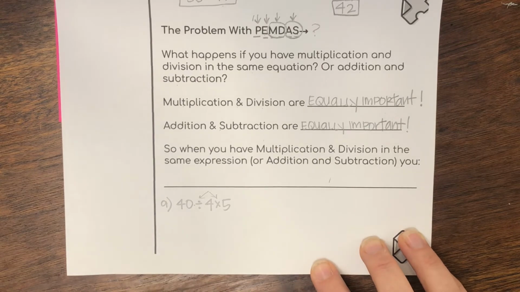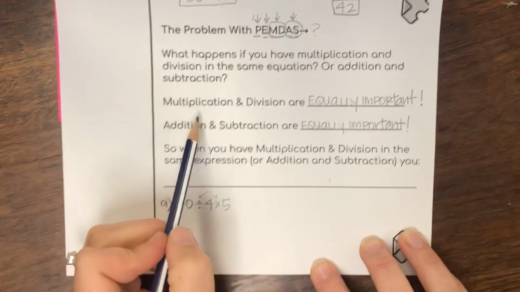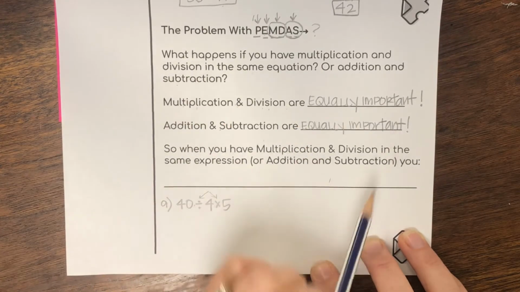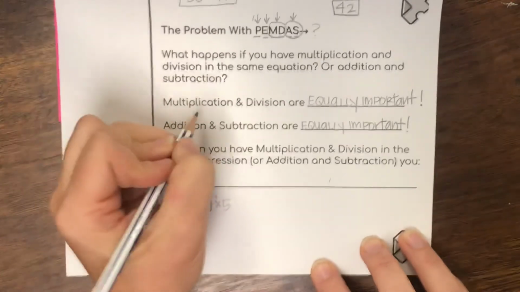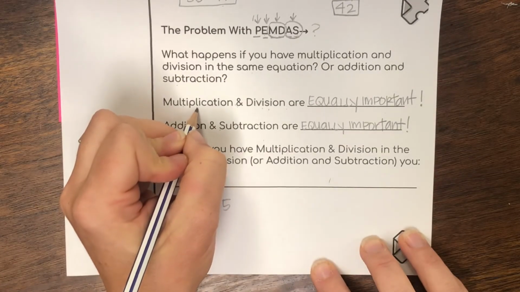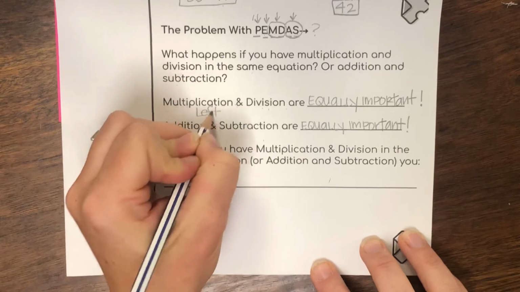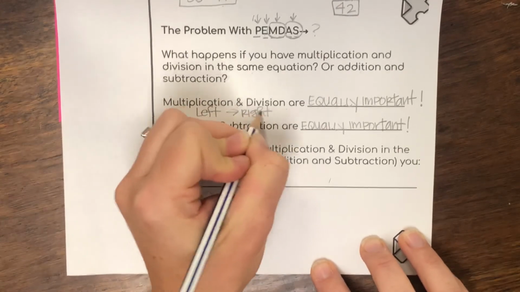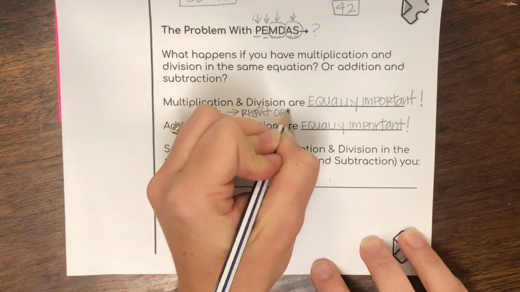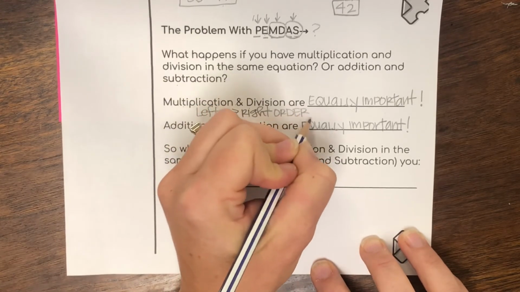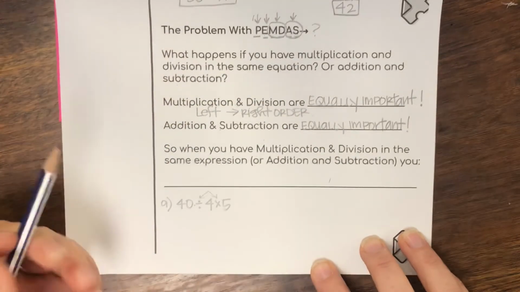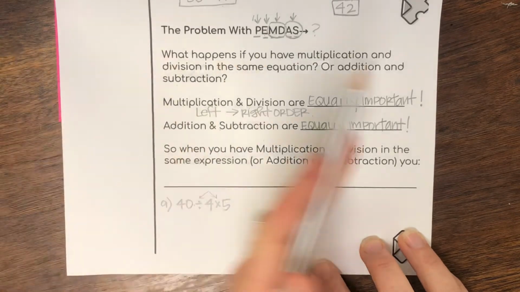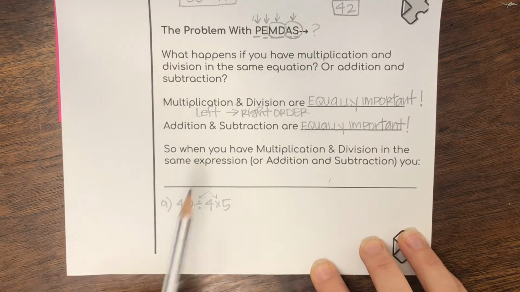Well, this is where we have a slight addition to our rules. Multiplication and division are equally important. So when you have both of them, you do them in left to right order. Which means, just like you would read a book left to right, you solve math equations left to right when they're equally important.